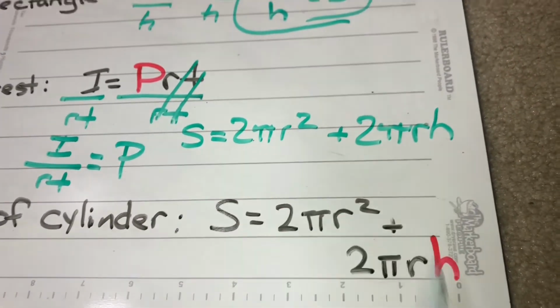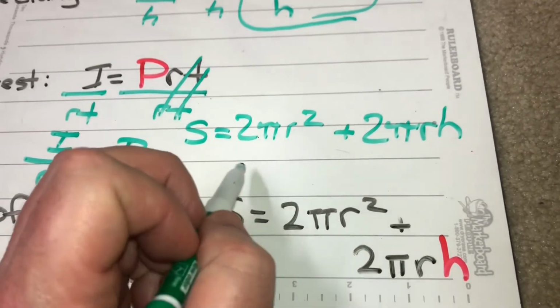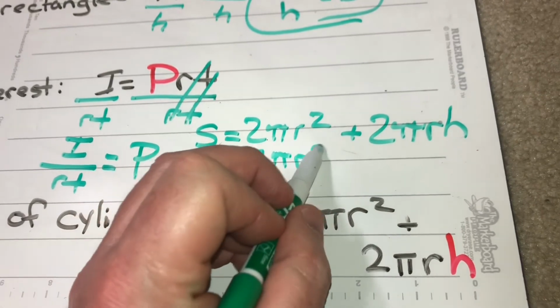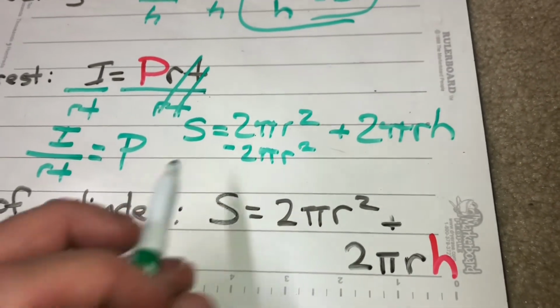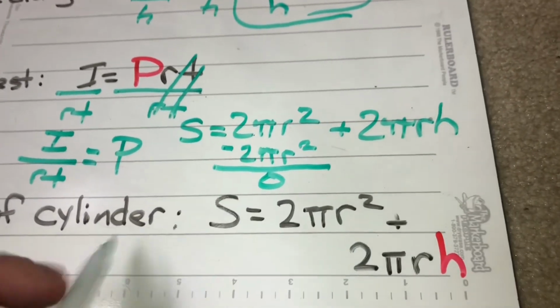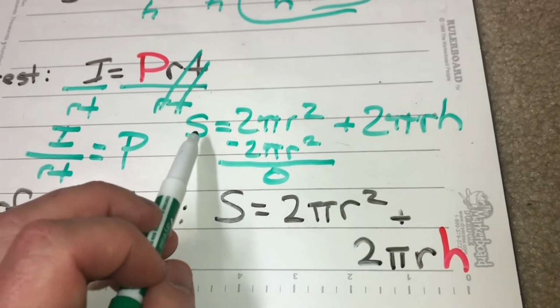And I know it's the h that I'm isolating. So what I'm going to do first is subtract 2 pi r squared. And there's some different ways you could do this problem. I'm just going to show you one way. That's going to equal 0. But if I subtract 2 pi r squared from this side, I have to subtract it from this side.